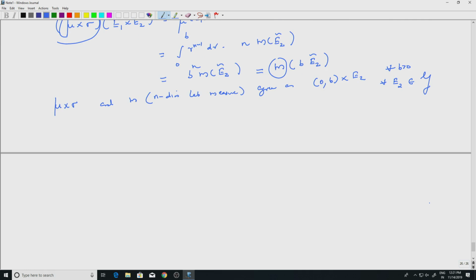So from here onwards I will be somewhat brief in telling you what exactly needs to be done, because it is all limiting properties.